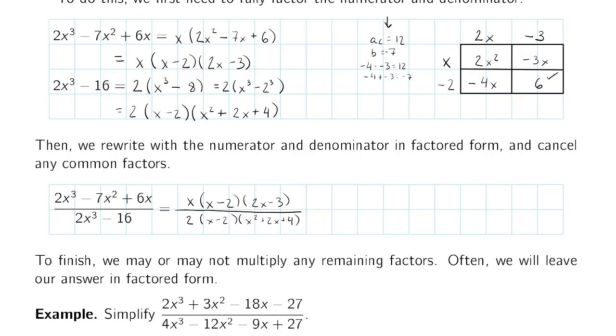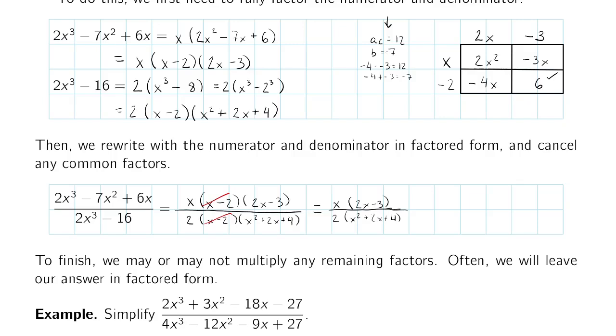And now we look at this and we say, oh, x minus 2 is a common factor. And it looks like that's it. We have no remaining common factors, so fully simplified, we have x times 2x minus 3 over 2 times x squared plus 2x plus 4.